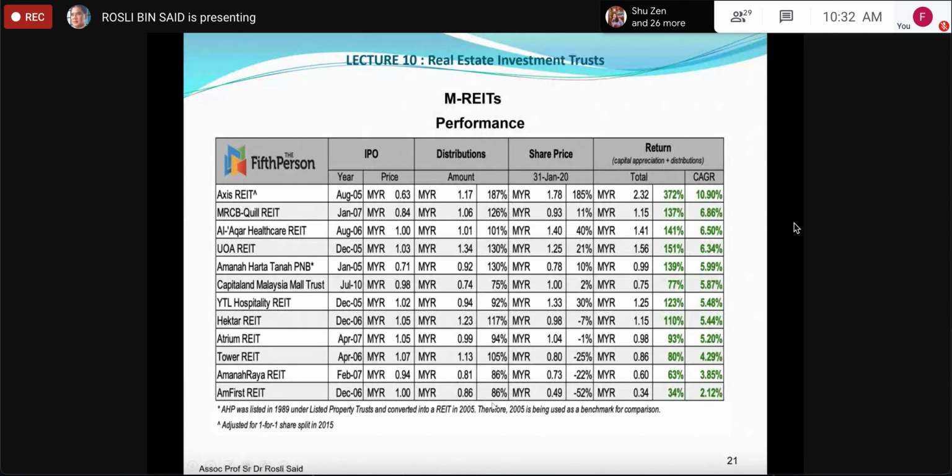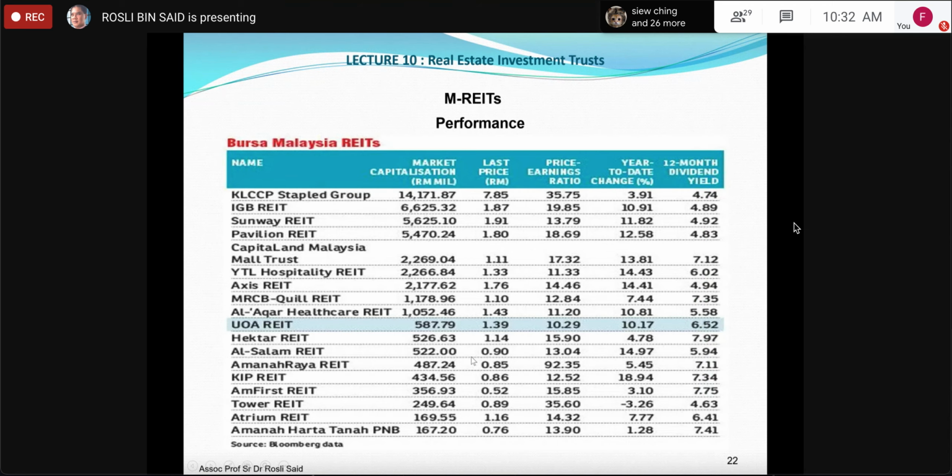But now when we go down to the companies, Axis REIT is still doing well, although when it came to January 2020 it dropped, and I believe that by January 2021 it will become even worse. So you can check this from any REIT news online.